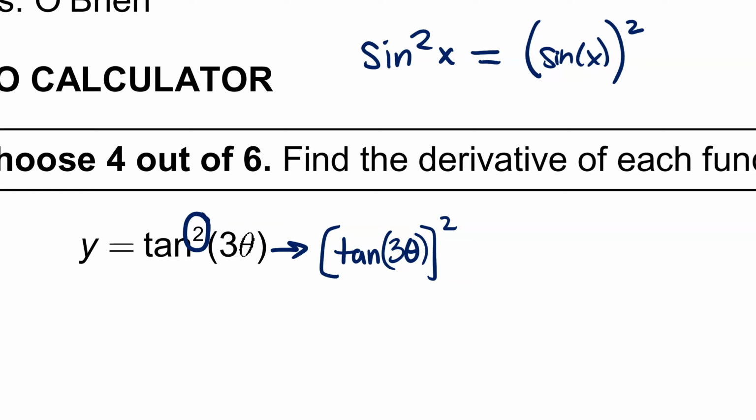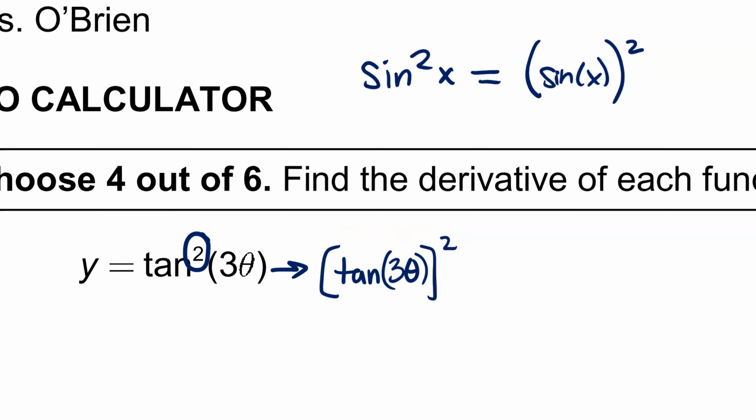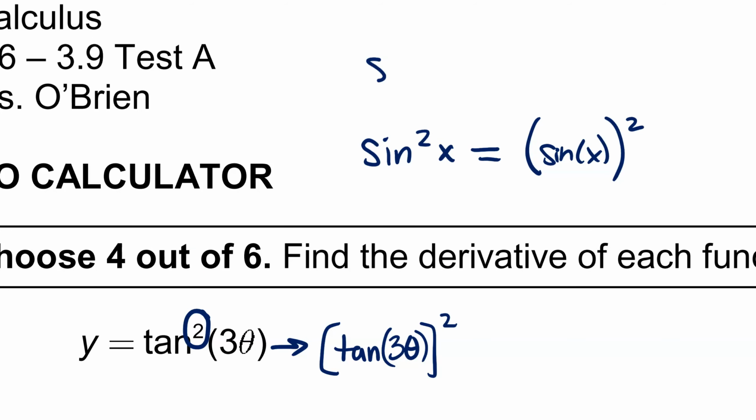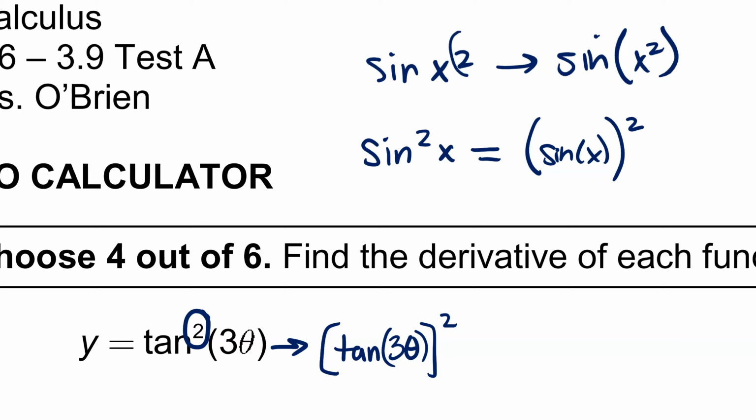All right. So, one thing to note. I said this in class a couple times. Literally, if the square is right here, it's this whole thing being squared. Versus if I have sine of x squared, this is the same thing as saying sine of x squared. If the square is right here, it's only pertaining to the x, which is why I have parentheses here.